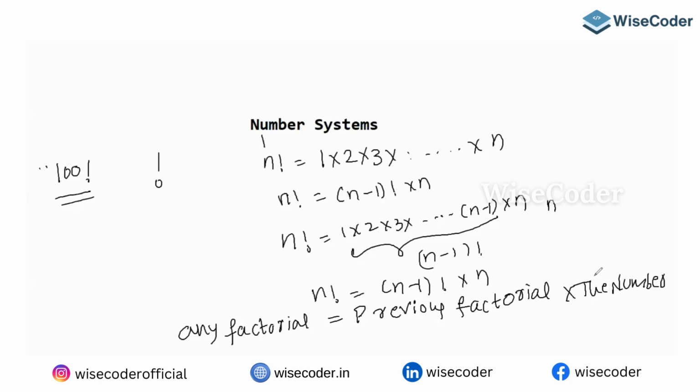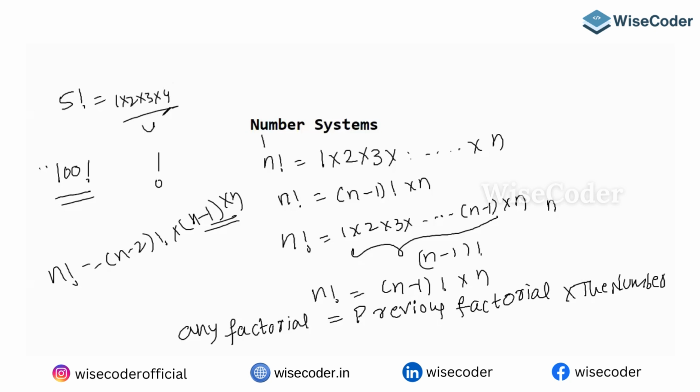Previous factorial into the particular number. So if you want n factorial, it's going to be n minus 2 factorial into n minus 1 into n. If I want 5 factorial, it's 1 into 2 into 3 into 4, which means 4 factorial into 5. What is 4 factorial? 24. So 24 into 5. Are you getting my point?